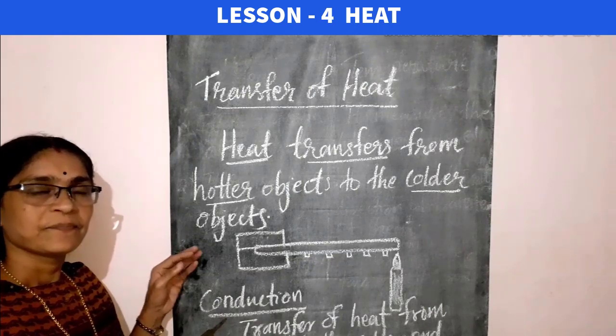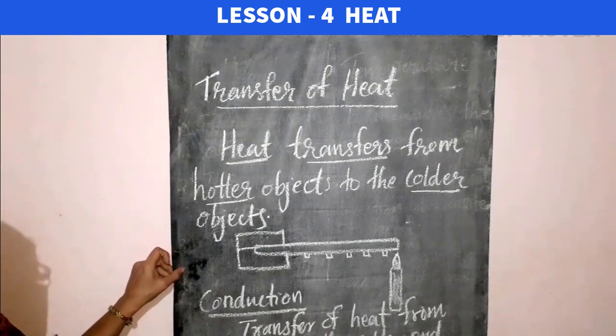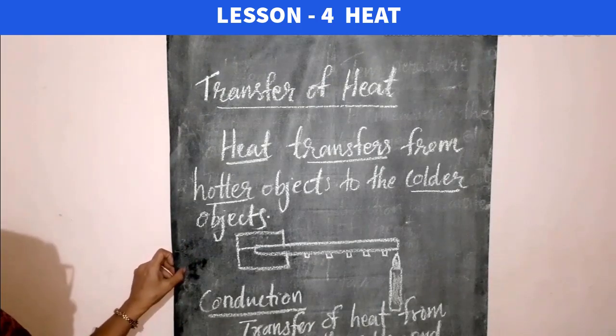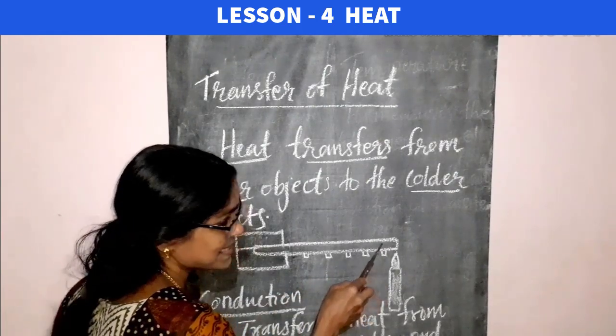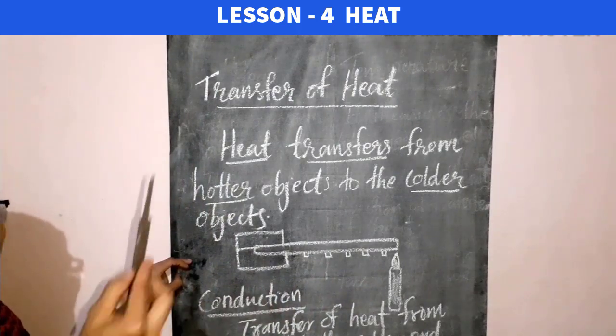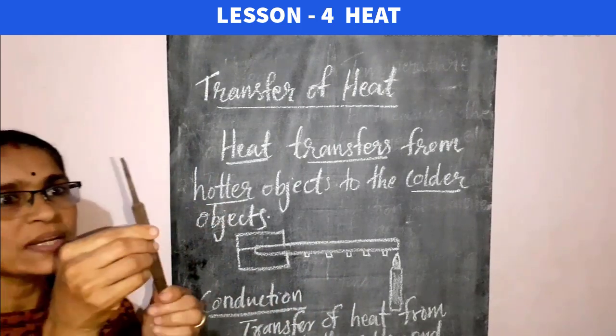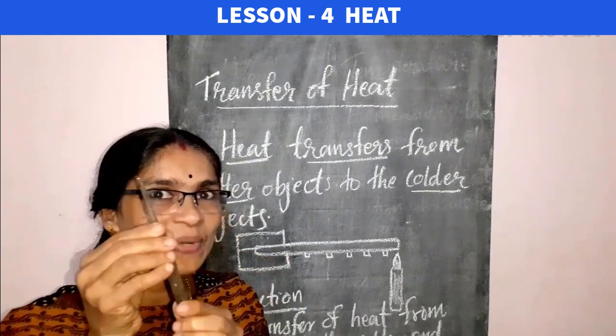We know that all substances are made of smaller particles called atoms. Here, the iron rod is a substance. It is in solid state, isn't it? It is hard to touch, so we can say that it is solid.